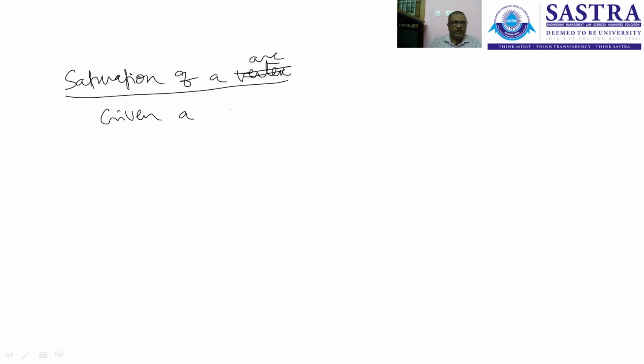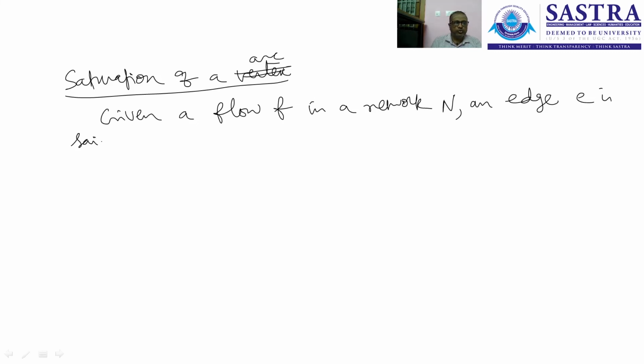Given a flow, I take a flow F in a network N. An edge E is said to be saturated if f of E is equal to C of E. What is F?